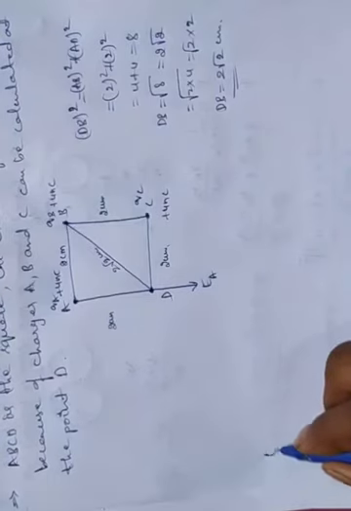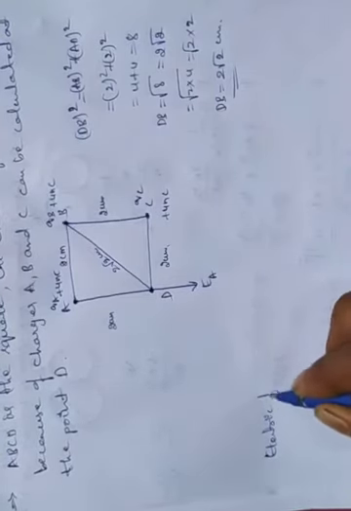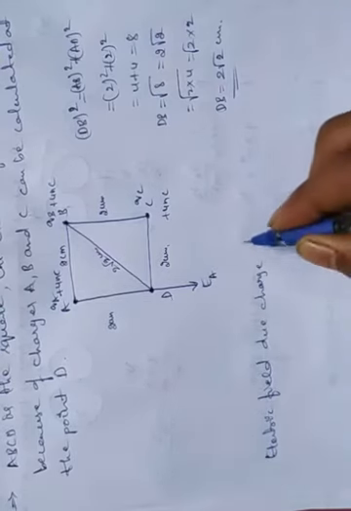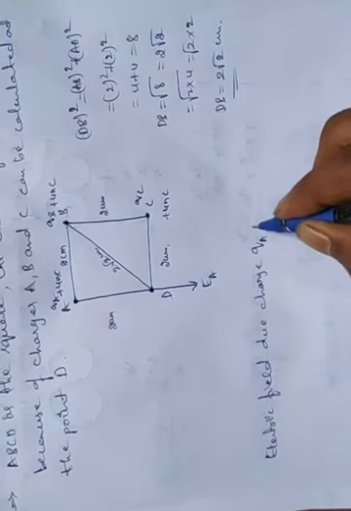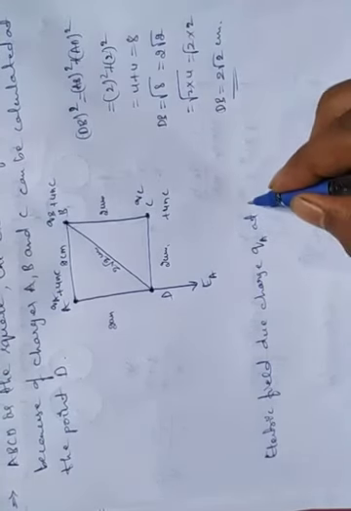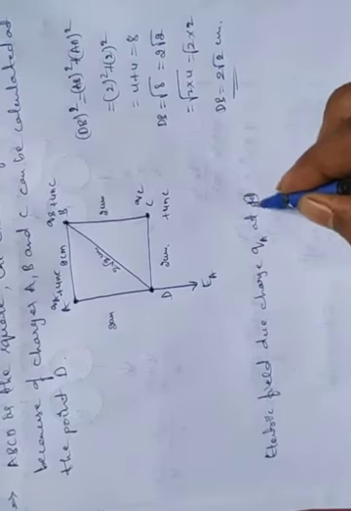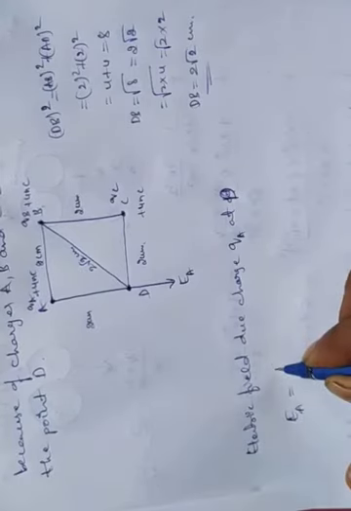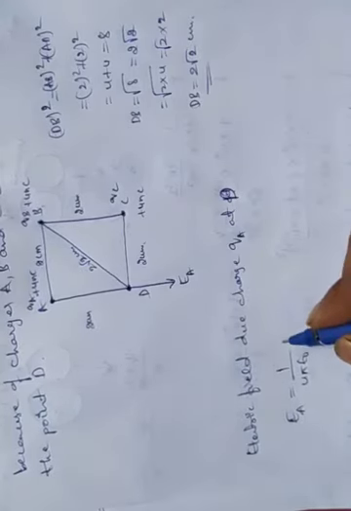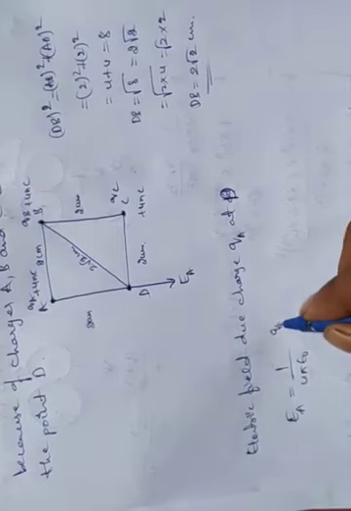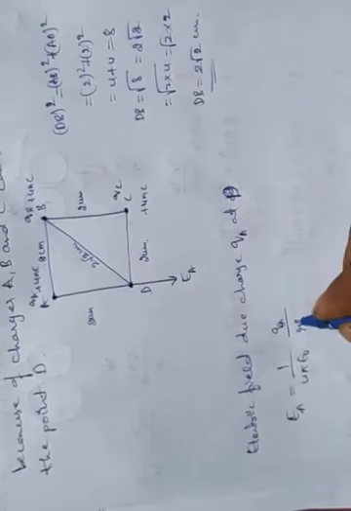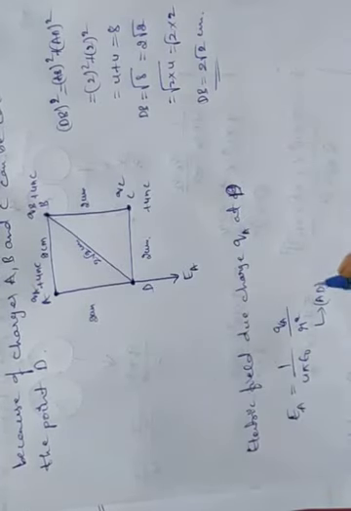Therefore the electric field due to charge QA at point D, that is EA is equal to 1 by 4 pi epsilon naught into QA by R square, where R means the distance. Okay, here what is the distance? The distance is AD.